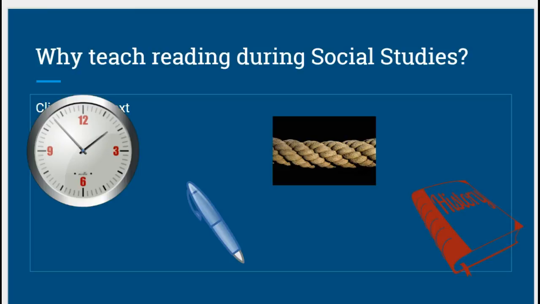The pen, because whatever they're reading about, they can also write about. And then I have that history book because our secondary colleagues, one of the things that we hear over and over from them is that kids need to come more prepared to read complex nonfiction texts.